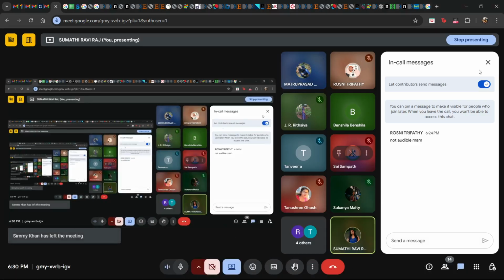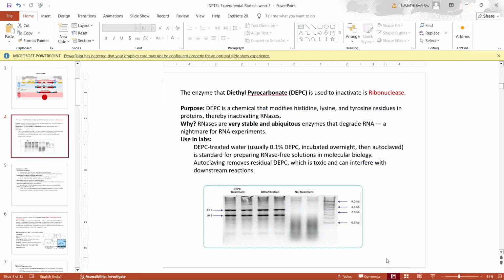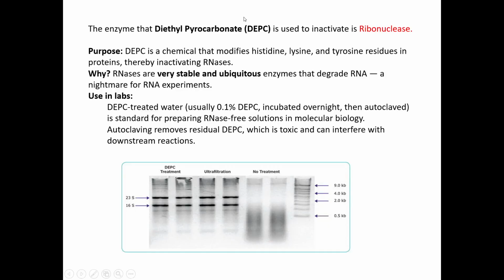Basically I was talking about the DPC, which helps in eliminating RNases by degrading them. You can see in the gel, this was the DPC treated water in which you can see your undegraded RNA bands. Ultrafiltration is another process in which you can eliminate any contamination by RNases.